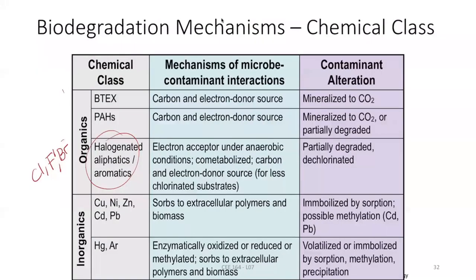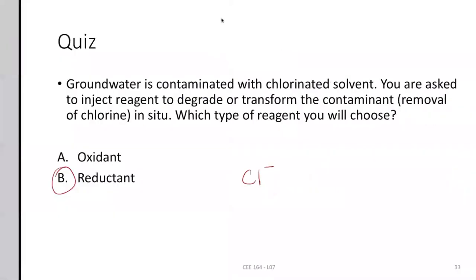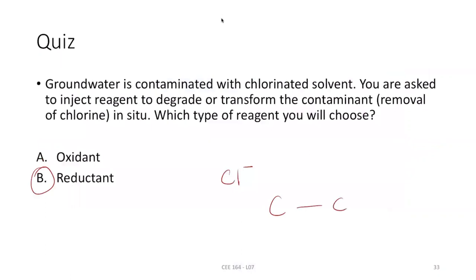So these two are oxidants. This doesn't mean that they cannot. So the idea here is if you have a carbon-chlorine bond, the oxidant will attack this bond.